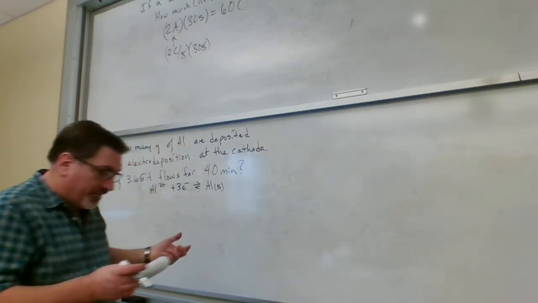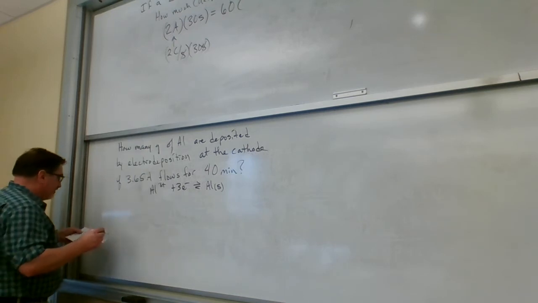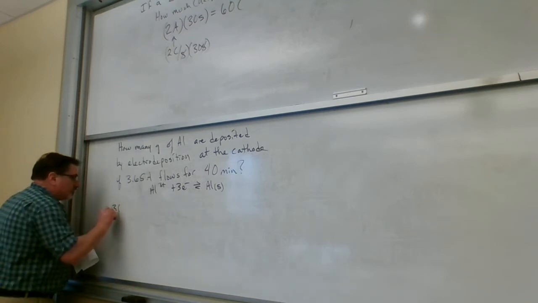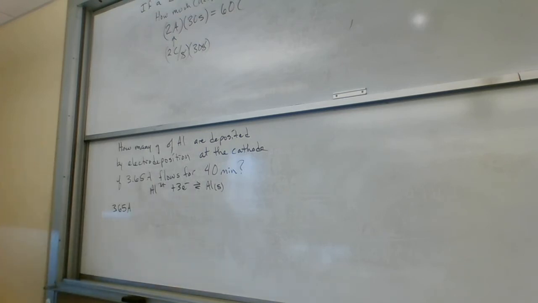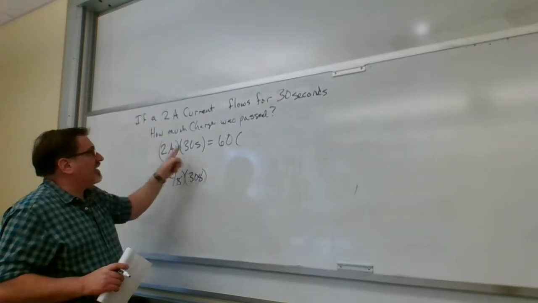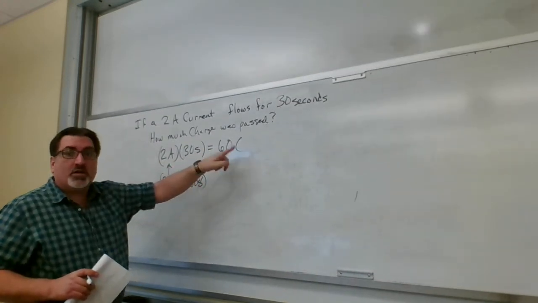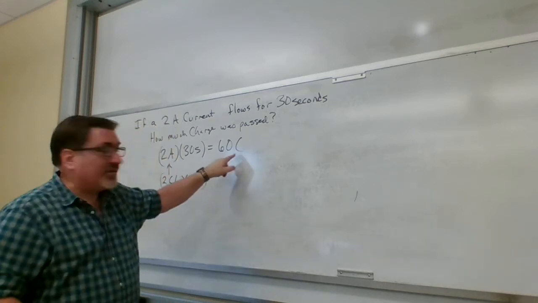So I'm going to start with the amps, 3.65 amps. Amp seconds is coulombs from before, right? Amps times seconds gives us coulombs of charge. Coulombs is where we need to go to get into the stoichiometry part, because this relates to moles.